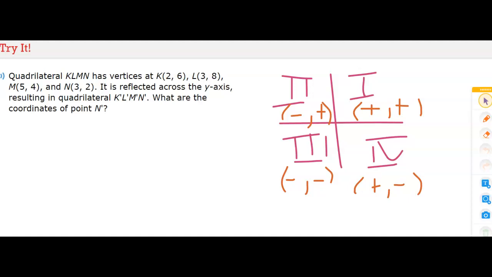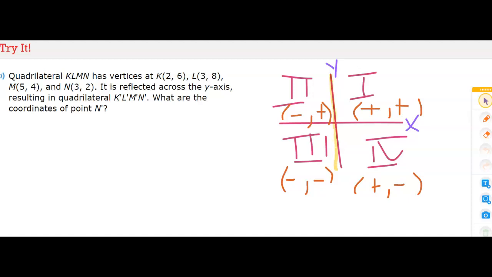If all of these are positive, that means this quadrilateral is drawn in quadrant 1, where both are positive. So we're reflecting it across the y-axis, and let me label the axes just to be clear. This is your x, this is the y.